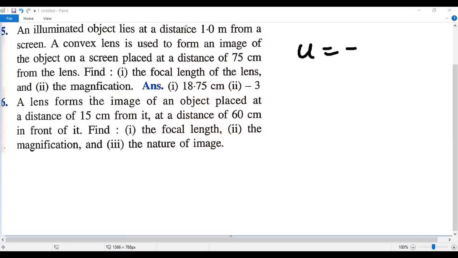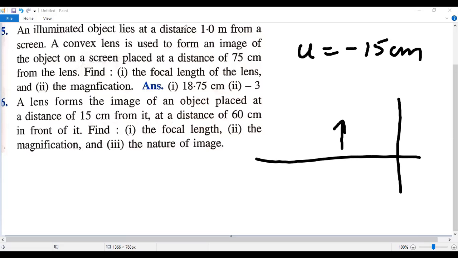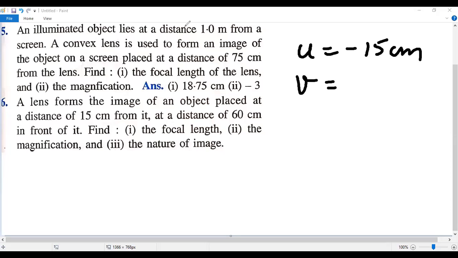So u is minus 15 centimeter, done. At a distance of 60 centimeter in front of it. If the object is in front of a lens, the image is also in front of the lens. That means v is plus 60 or minus 60? Think everyone. Yes, it is minus 60.